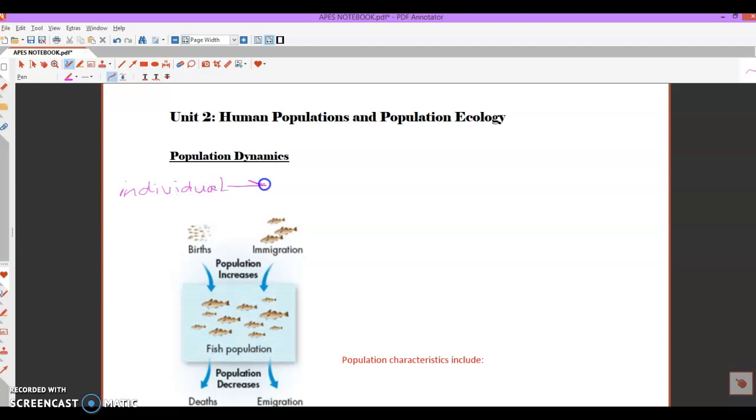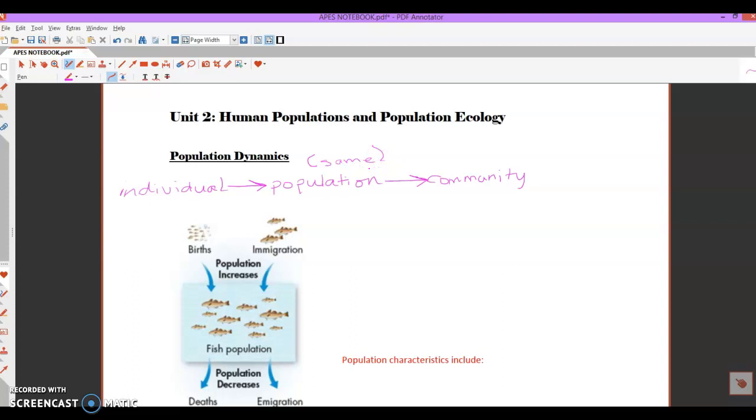Okay, when you have more than one individual, you are then going to have a population. Okay, when you have multiple populations living together, that's called a community. Now, I want to focus on these two words for a second because population refers to the same species.